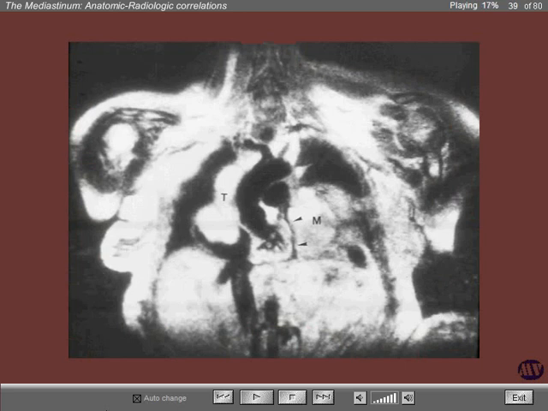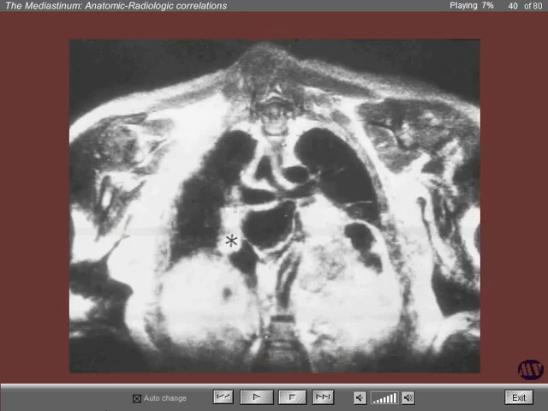This is a coronal MR examination showing a tumor to the right of the ascending aorta and adjacent to the left side of the heart. A coronal MR section reveals the mass on both sides of the midline. The margins of the mass appear ill-defined, and therefore we should consider a malignant tumor. This proved to be a malignant thymoma.